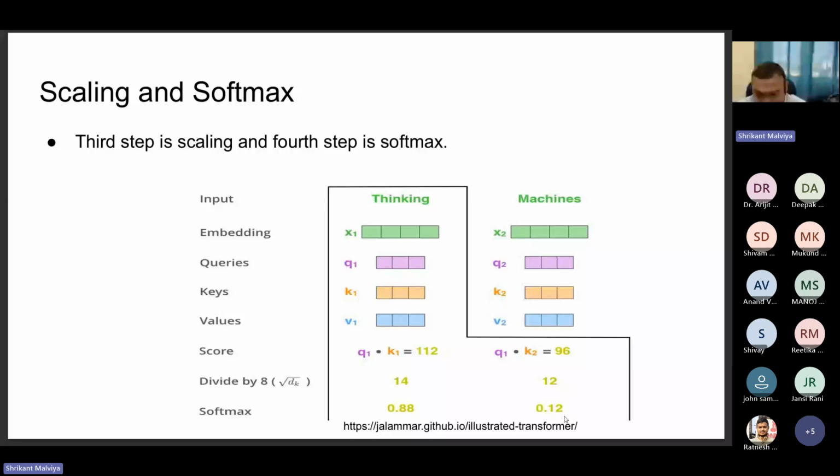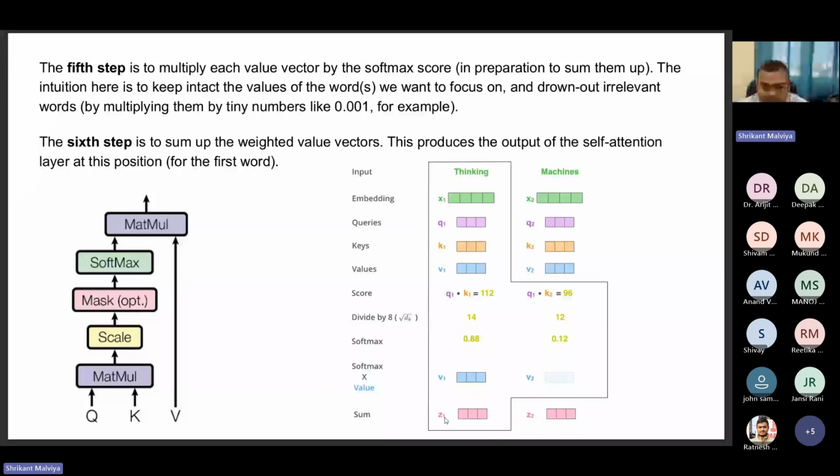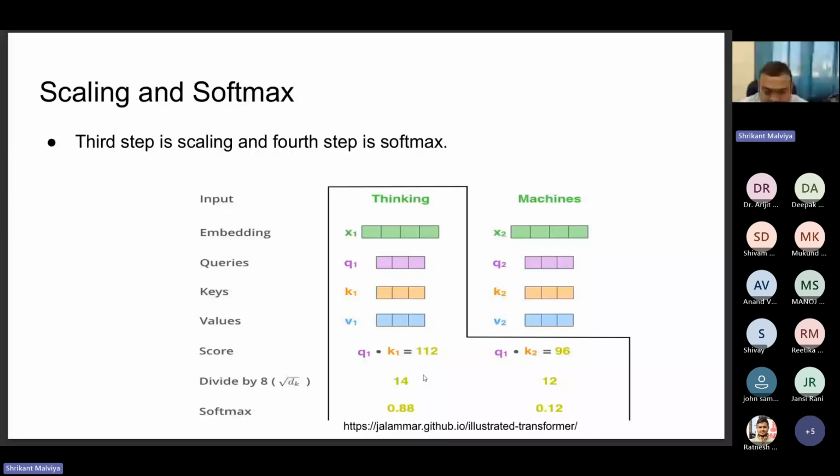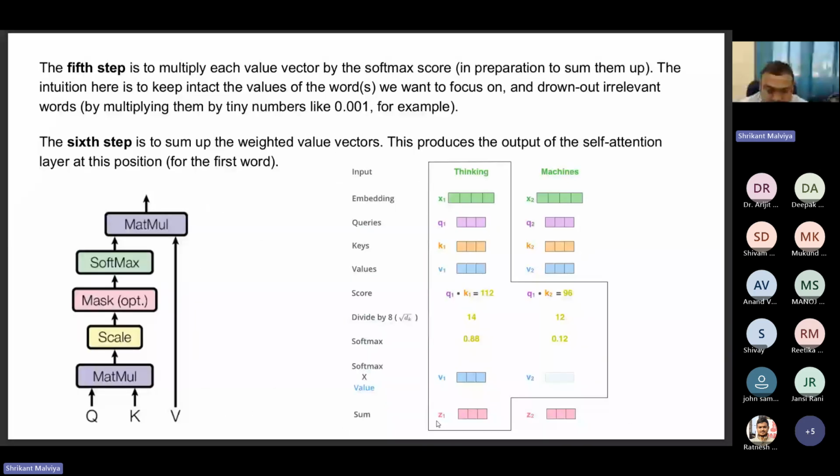That's how you find out how much weight should be given to a particular term in the sequence. After that, both the value vectors are summed up, weighted by the softmax probability, and at the end we get the attended representation for the given word.